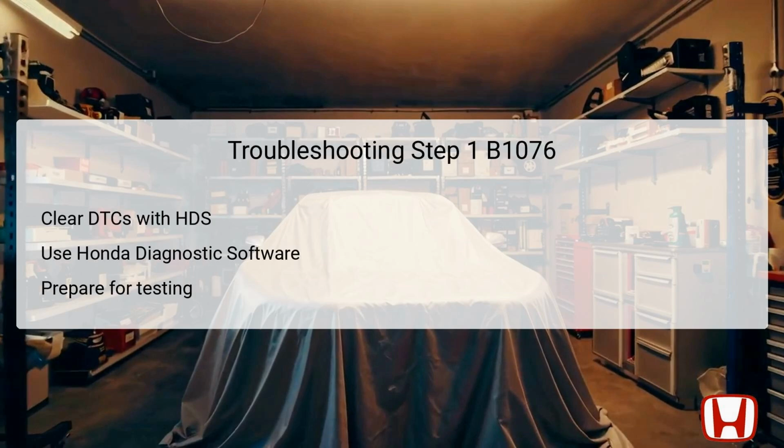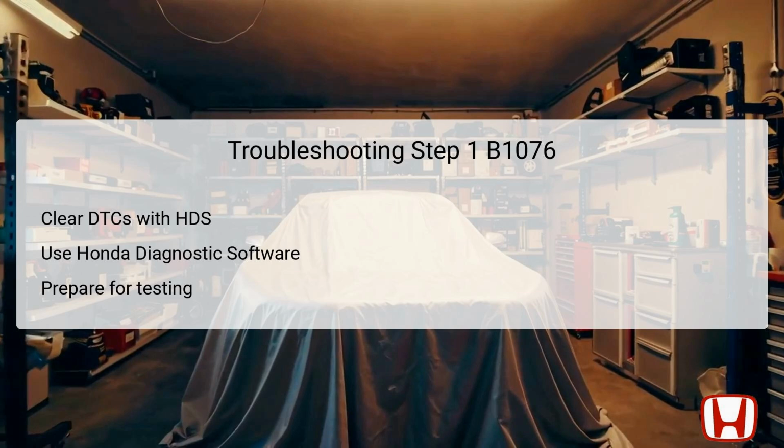The first step in troubleshooting DTC B1076 involves clearing any existing diagnostic trouble codes, DTCs, using the Honda Diagnostic System, HDS. The HDS is a specialized software tool that helps technicians read and clear codes stored in the vehicle's onboard computer.